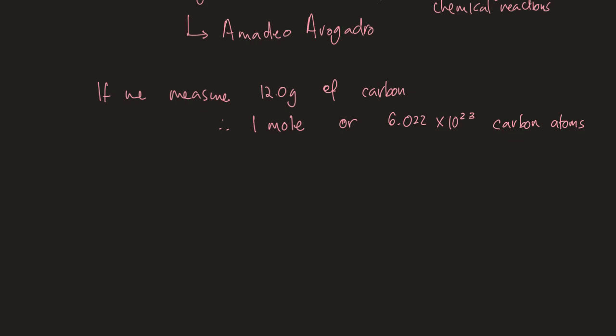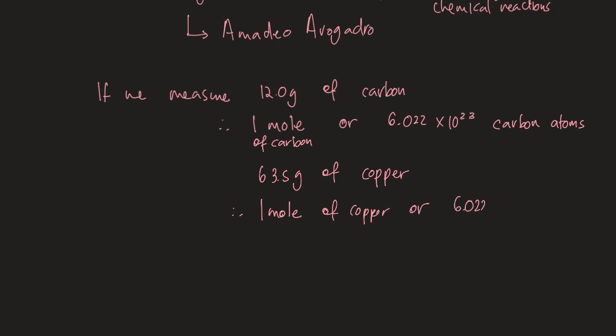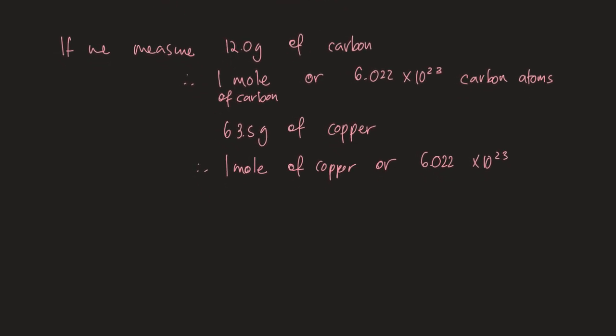So if I had, for example, 63.5 grams of copper, and you can pause the video now and go and have a look at your periodic table. If I had 63.5 grams of copper, I would have 1 mole of copper, or I would have 6.022 times 10 to the power of 23 copper atoms.